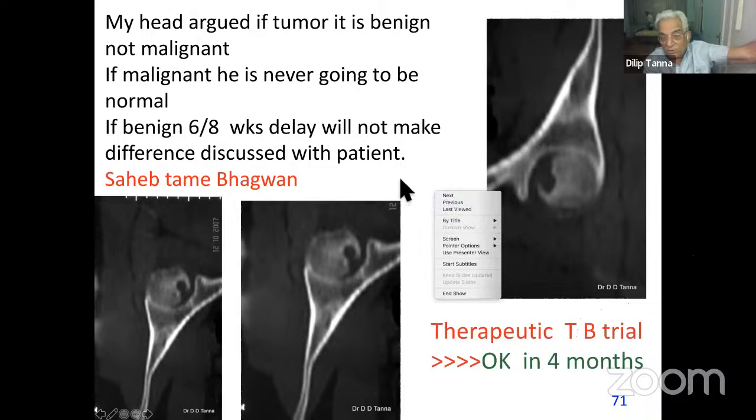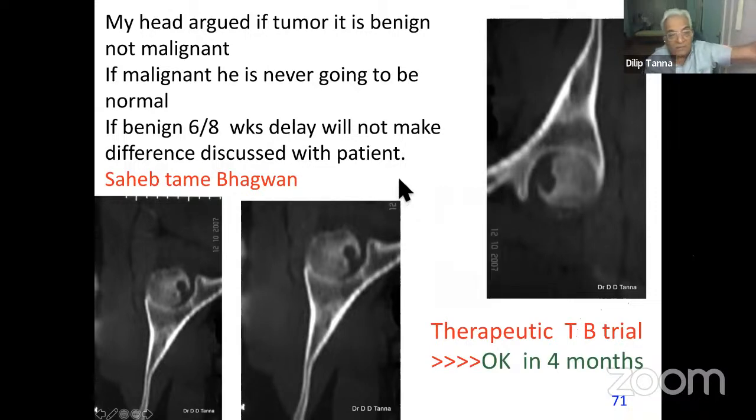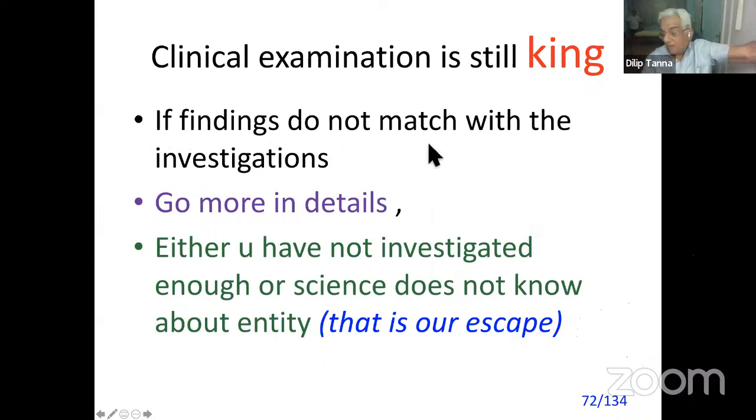Basically, the examination leads to one thing, to another thing, to a third thing. Clinical examination is still the king. If the findings do not match with the investigation, go more into details. Either you have not investigated enough or science does not know about this entity. That is our escape.